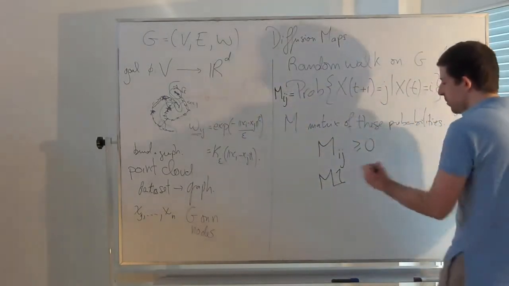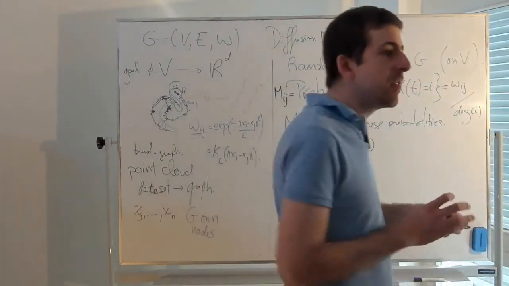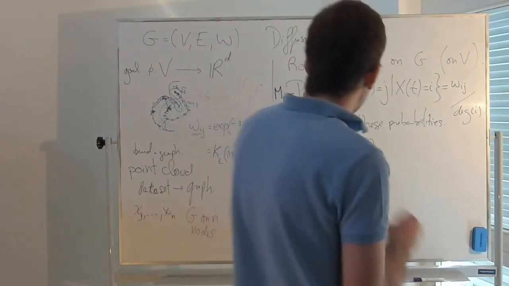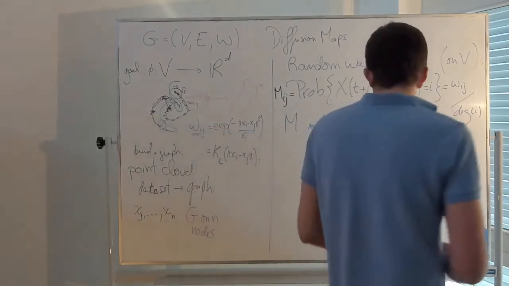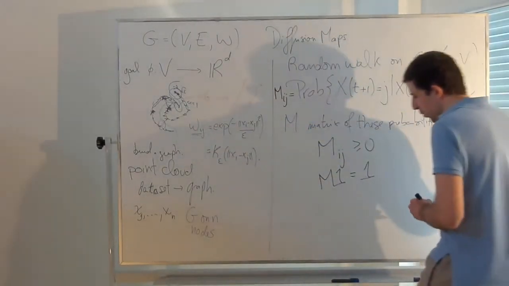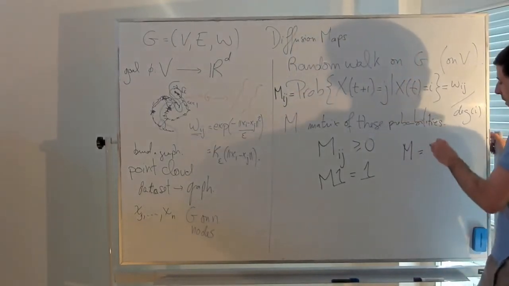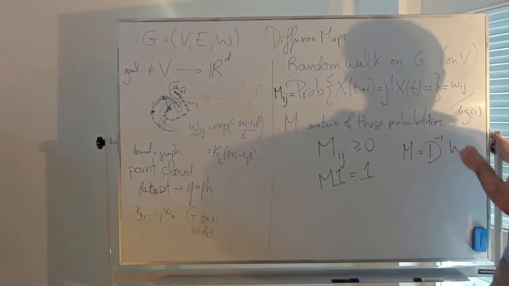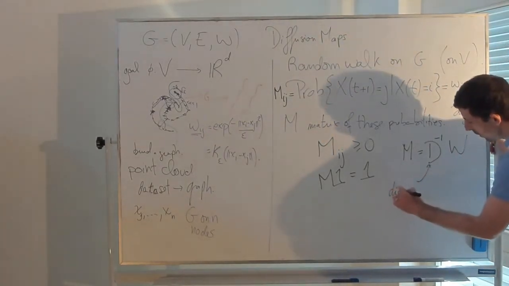So M times the all-ones vector is equal to the all-ones vector. And it's easy to write M in terms of the weights. M is just the matrix of the weights, where we divide each row by the degree of the vertex associated with that row. And so we can write M very neatly as D inverse W, where D is the diagonal matrix of degrees.